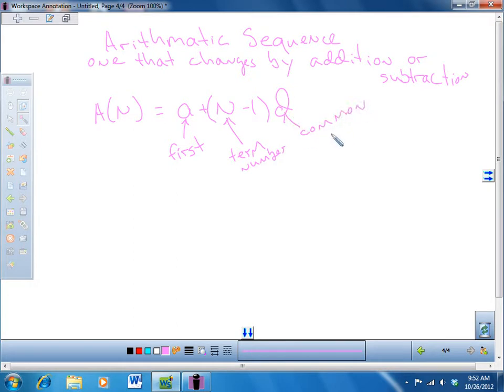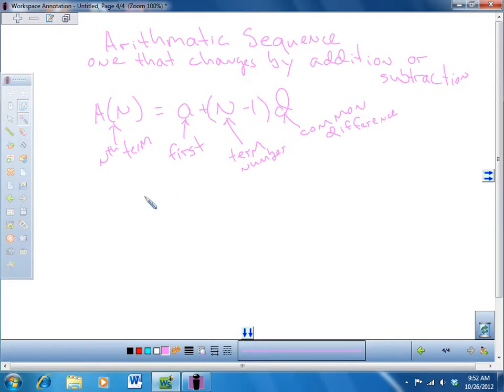And A of n is the nth term. So now we're talking about things in terms of algebra: the nth term, the first term, the term number, the common difference.